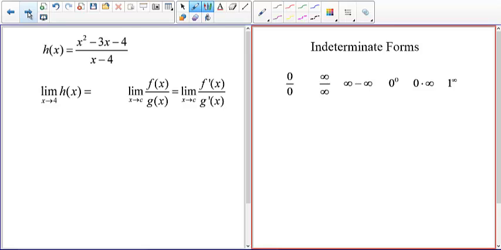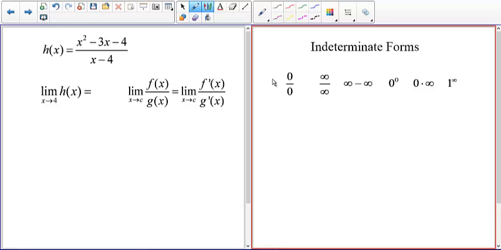Those are all other indeterminate forms. You can use L'Hopital's rule in case you end up with those kinds of situations. Most of the time it is 0 over 0, but it doesn't have to be.